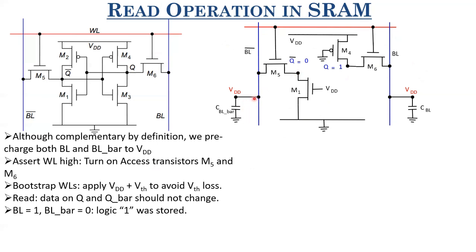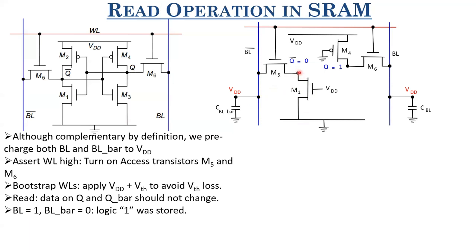CBL bar is trying to pull this node towards VDD through M5, and M1 is trying to discharge it to ground. So VQ bar is being pushed towards VDD through M5 and CBL bar, and at the same time it is being pulled towards ground via M1.